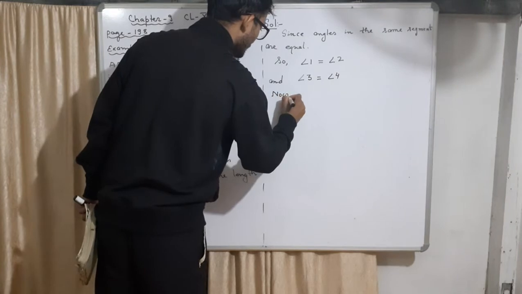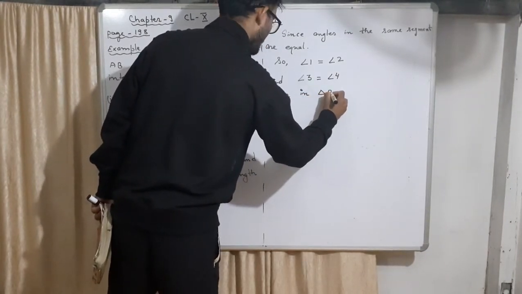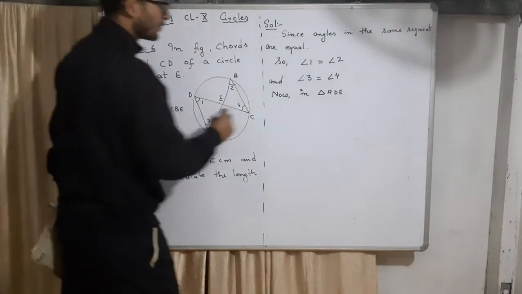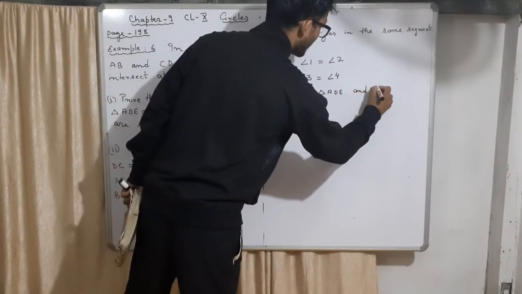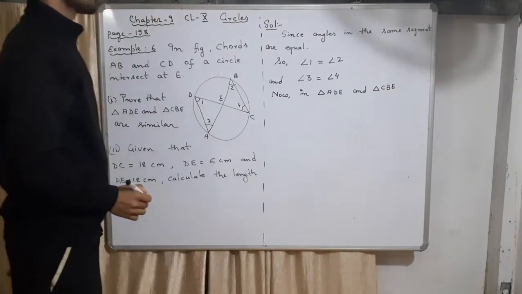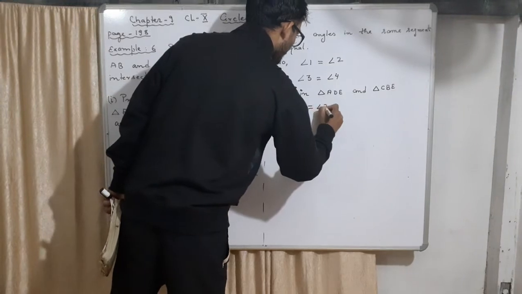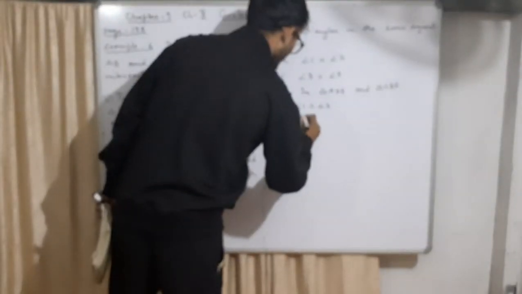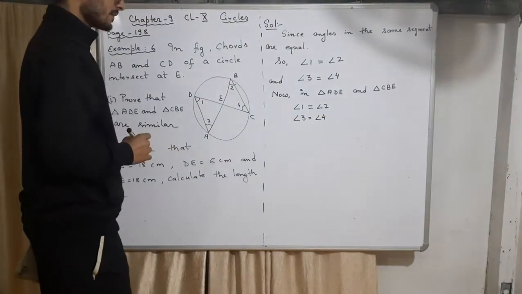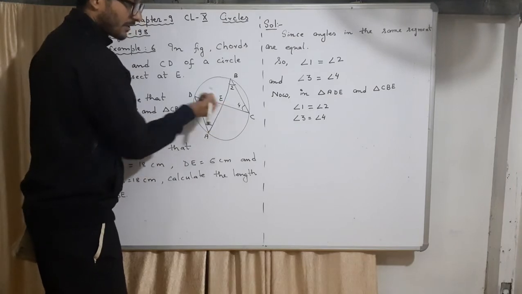Now, in triangle ADE, why are we doing this? Because we need to prove that triangles ADE and CBE are similar. When I go for these two triangles, what I see is angle 1 is equal to angle 2, already proved. Angle 3 equal to angle 4, already proved. If two angles are equal, that is enough. Also, if you want, you can write that angle DEA is equal to angle BEC because they are vertically opposite angles.